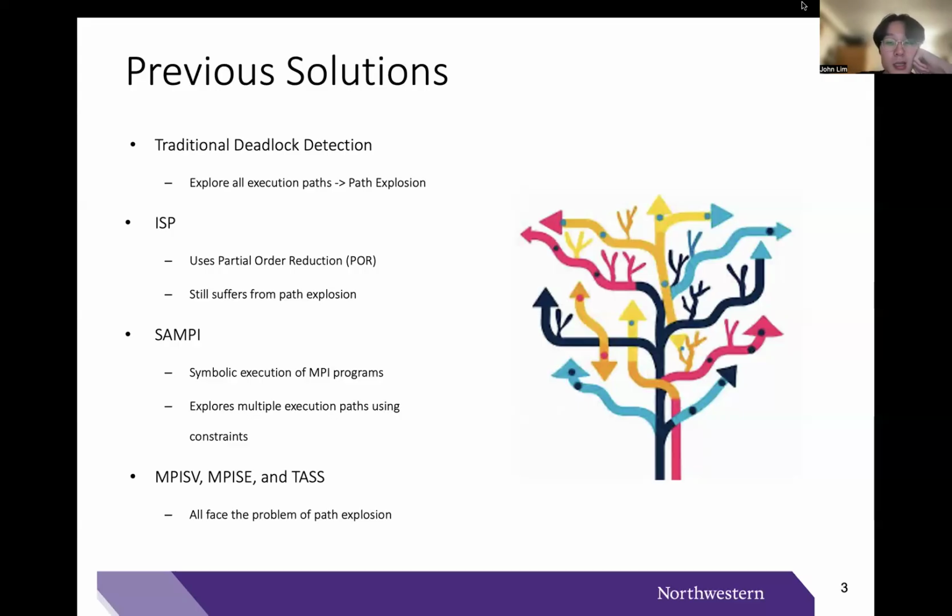This method allows SAMPI to catch bugs before runtime, but SAMPI still suffers from path explosion as the number of branches and processes increases, similar to ISP. There are also solutions like MPI-SV, MPI-SE, and TASS, but these all face the problem of path explosion.